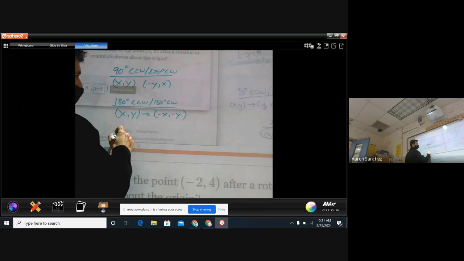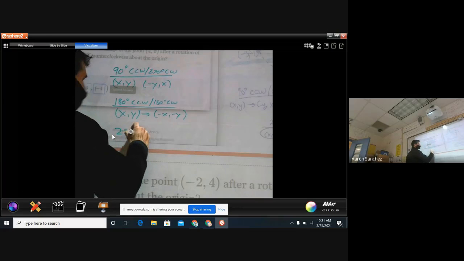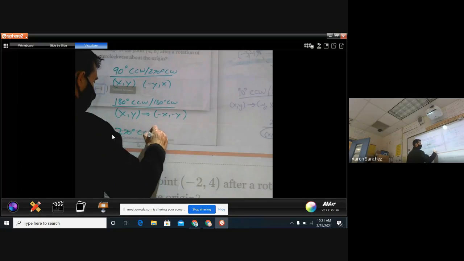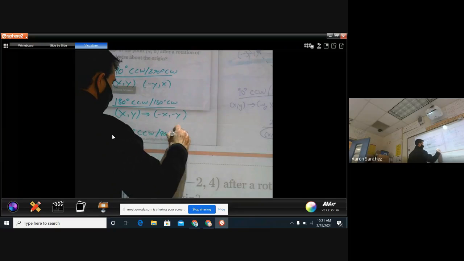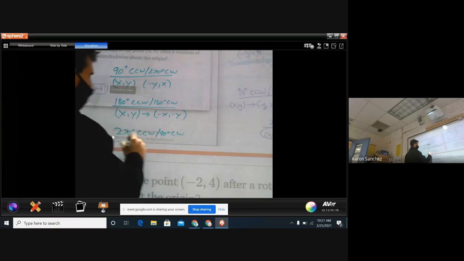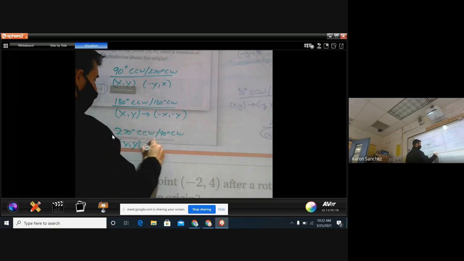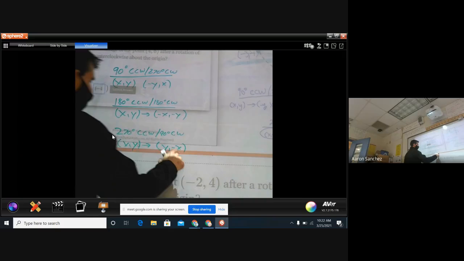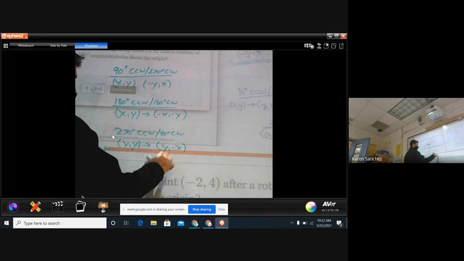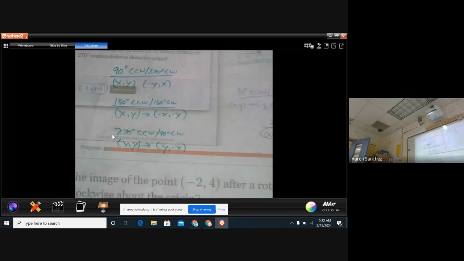And then 270 degrees counterclockwise, or 90 degrees clockwise: x, y becomes y, negative x. So the sign changes on the x. You guys can copy that down. That might help you on the test.